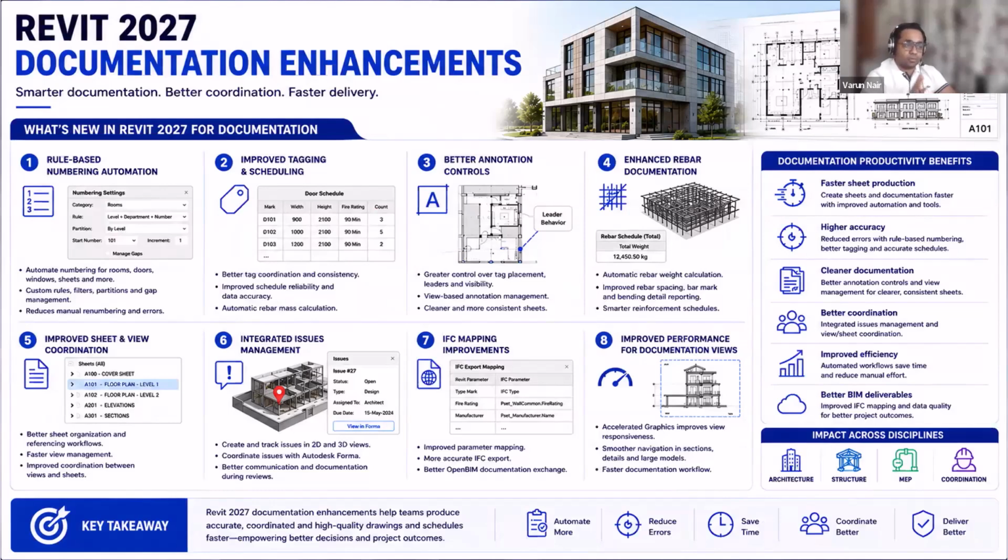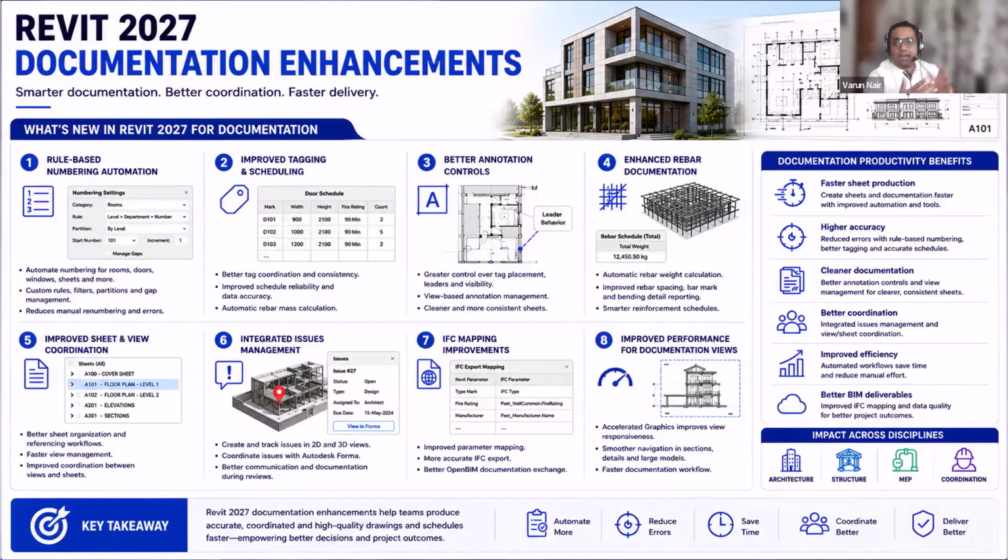Here they have updated the way you create your reports, schedules, keynotes, and legends, with higher accuracy, faster improvement, and productivity. Whenever you click on the AI assistant to create any schedules or keynotes, or if you want to get the legends, there will be an add-on option to create it automatically for you.